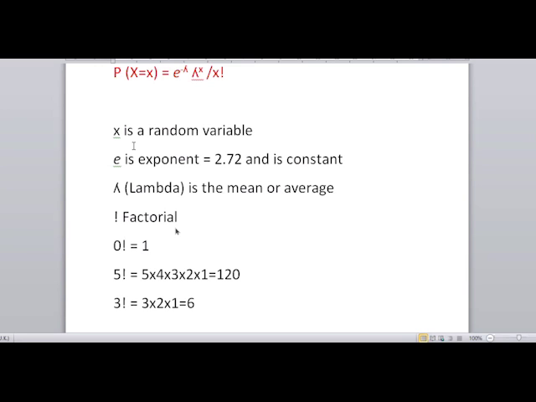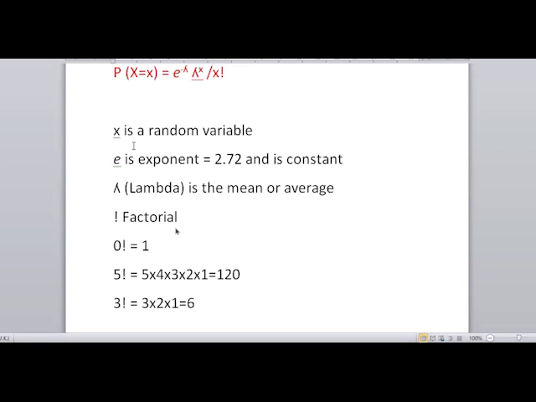For me, it's giving me 3,628,800. Yes, correct. Then 6 factorial.